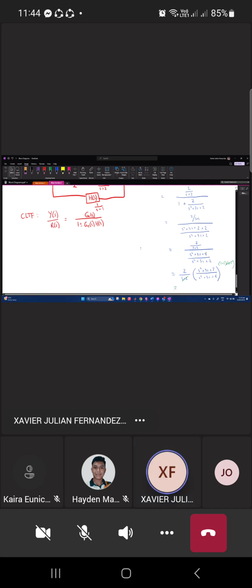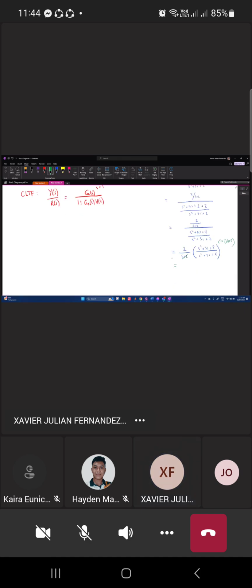Meaning your closed loop transfer function is 2s plus 2 all over s squared plus 3s plus 4. That's your closed loop transfer function Y(s) over R(s). Very easy.